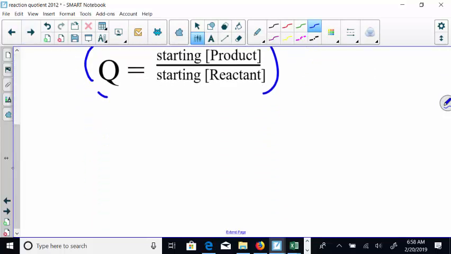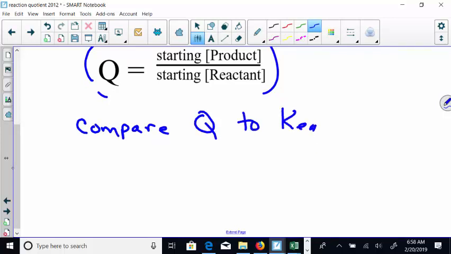So what we're going to do with this is we would compare Q to KEQ to see which way a reaction needs to shift.